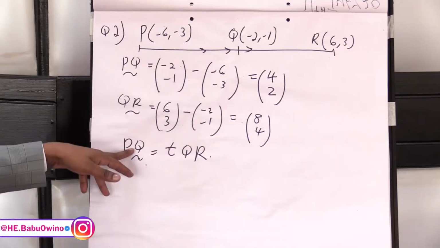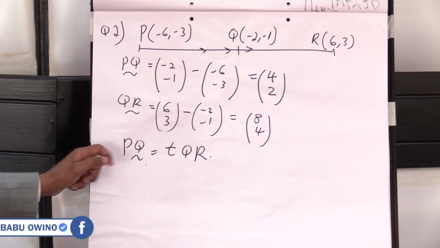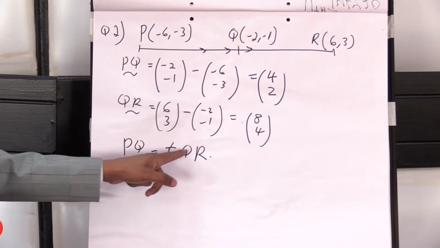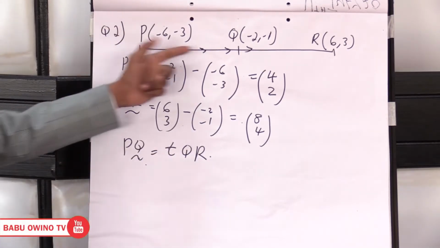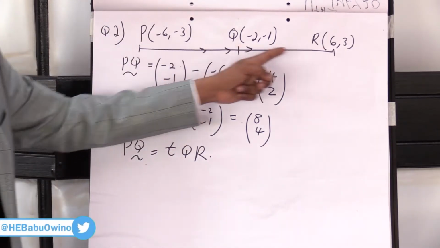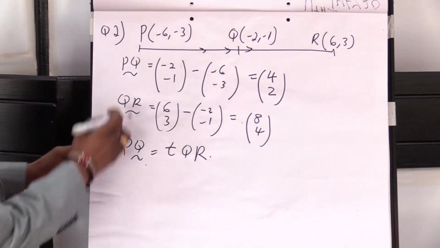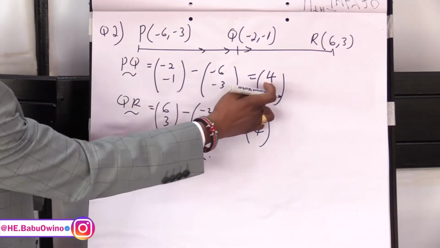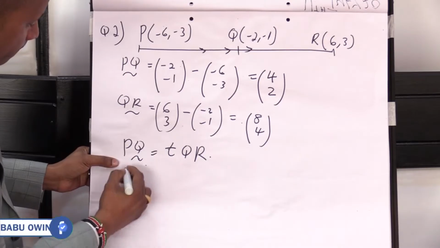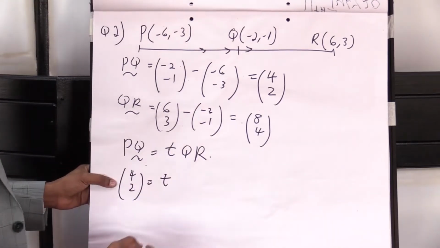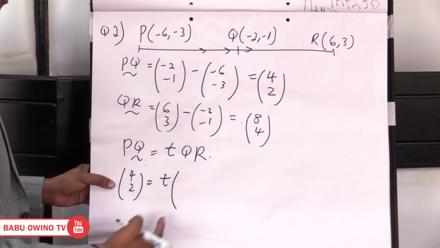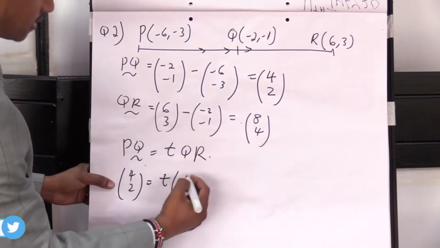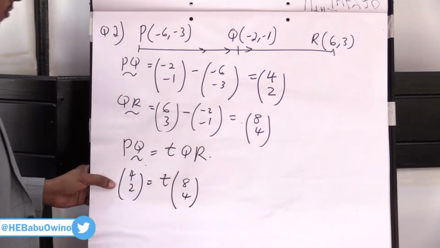For them to be parallel, PQ must be a scalar multiple of QR, or PR a scalar multiple of QR. So in our case, PQ, which is 4, 2, equals the scalar times QR. What is our QR? QR here is 8, 4.